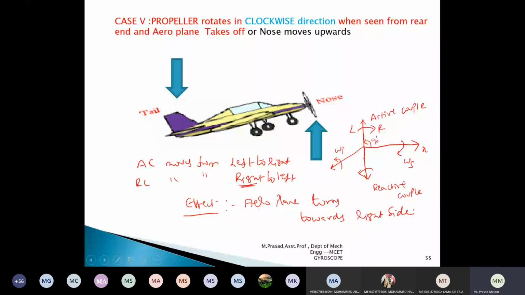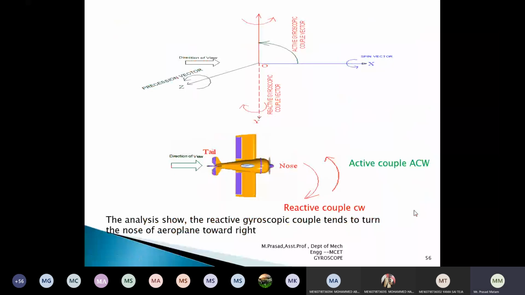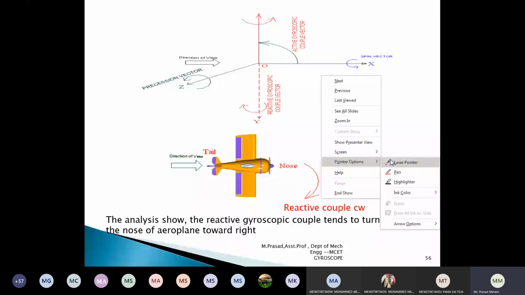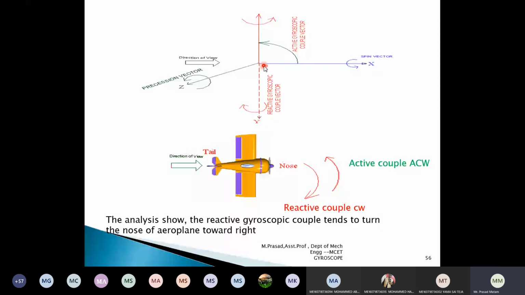That I can show here in this also. So this is my spin vector which is moving in the positive x-axis. This is the precession vector where I am getting the z-axis. Rotate the spin vector by 90 degrees. This gives your active gyroscopic couple. Extend this line downwards.